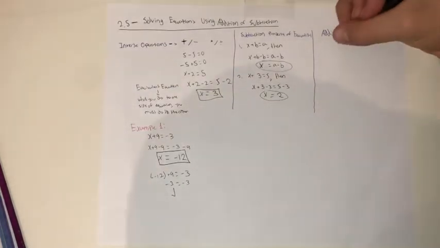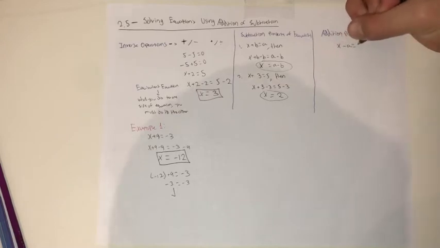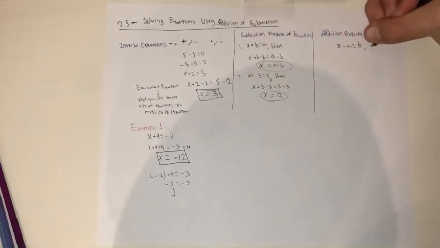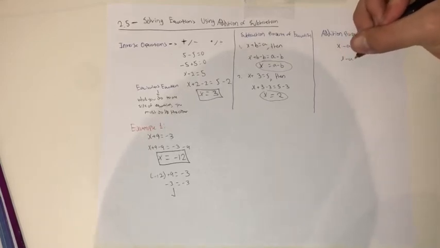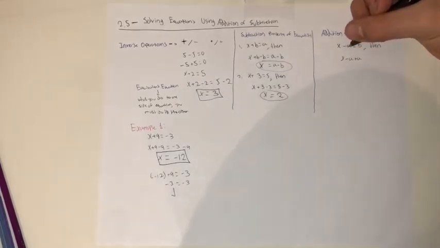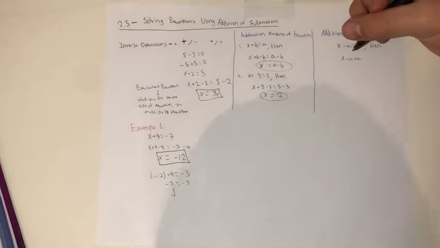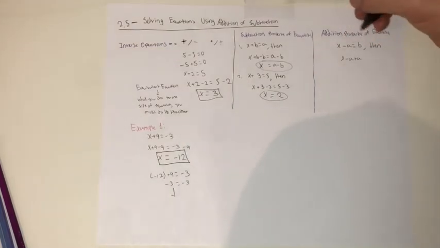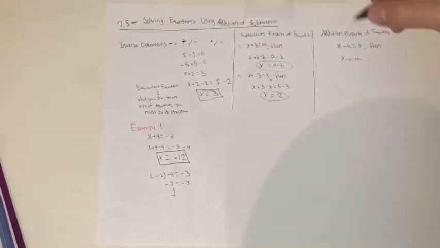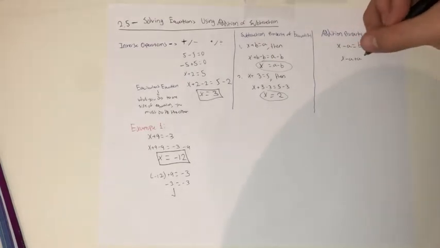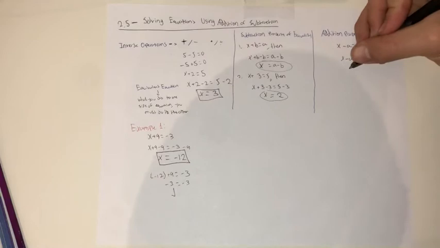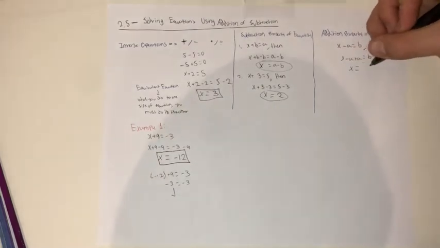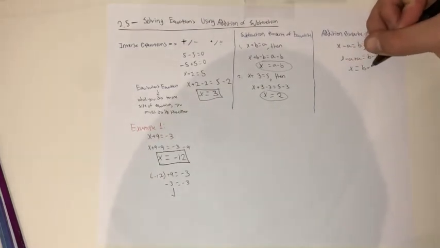So with letters, I would describe it like this. If x minus a equals b, then x minus a plus a, because remember, if you have subtraction, addition undoes subtraction, but subtraction also undoes addition. They're inverse operations of each other. x minus a plus a equals b plus a. So you're going to get x equals b plus a.